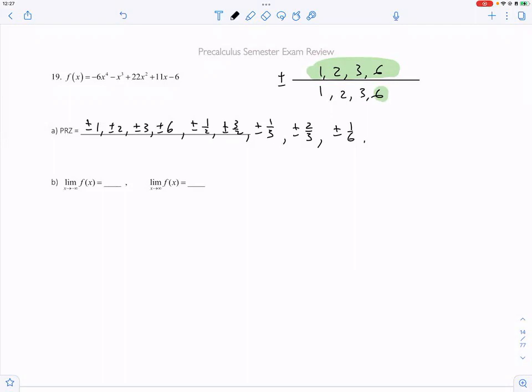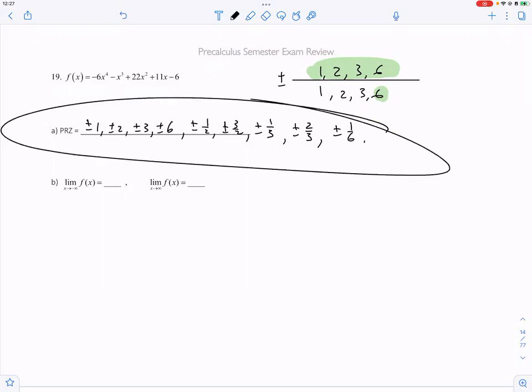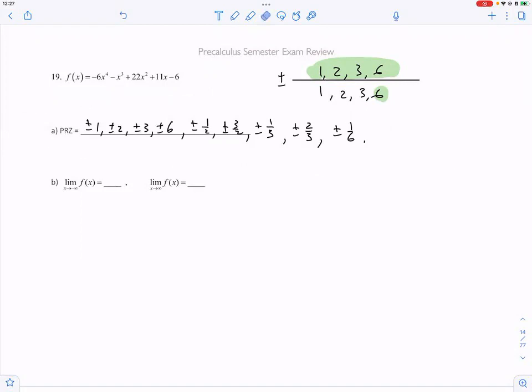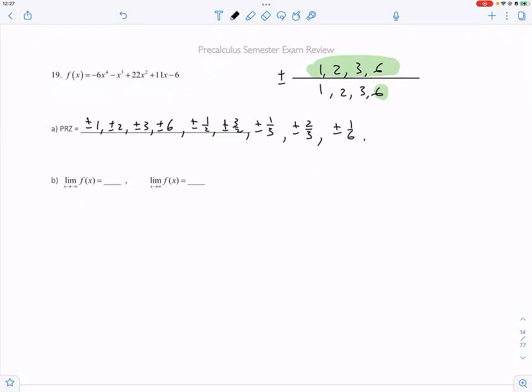So this is the list of possible rational zeros. Now that's just the possibility of rational zeros. The zeros could be irrational, so we're looking at only part of the picture.